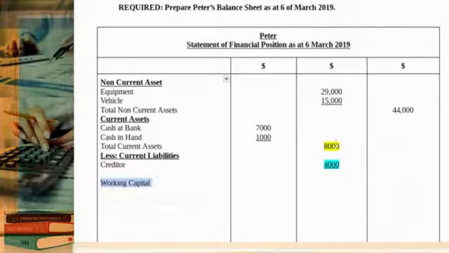So 8,000 minus 4,000 leaves us with $4,000. So this $4,000 would be our working capital. So now we're going to add our $4,000, which represents working capital, to our total non-current assets. So that's the $44,000 plus the $4,000 gives us $48,000.